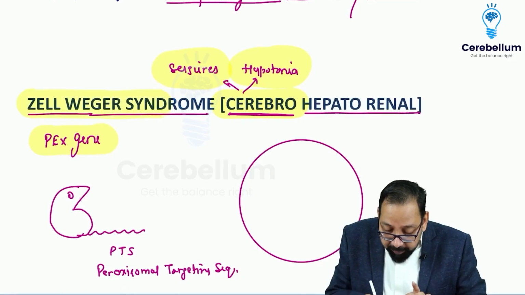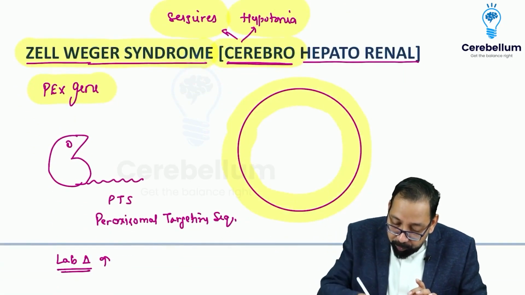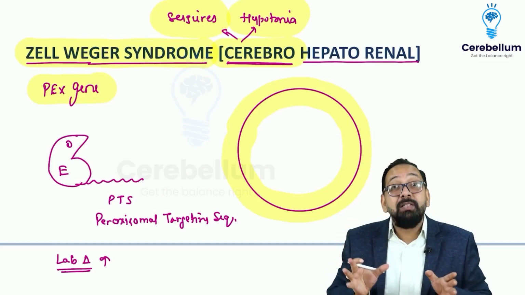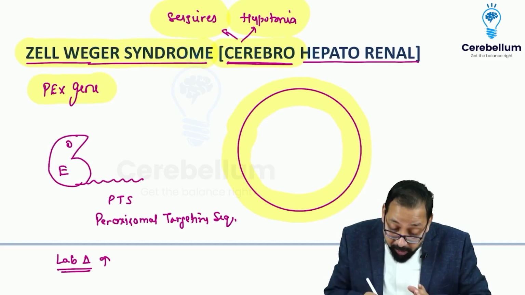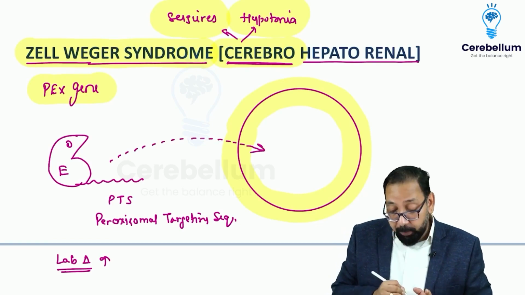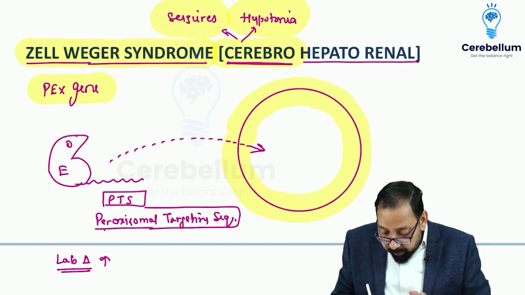In Zellweger syndrome, the problem is in the peroxisome. Normally, the enzyme which is synthesized in the cytosol enters the peroxisome by a targeting sequence called the peroxisomal targeting sequence.